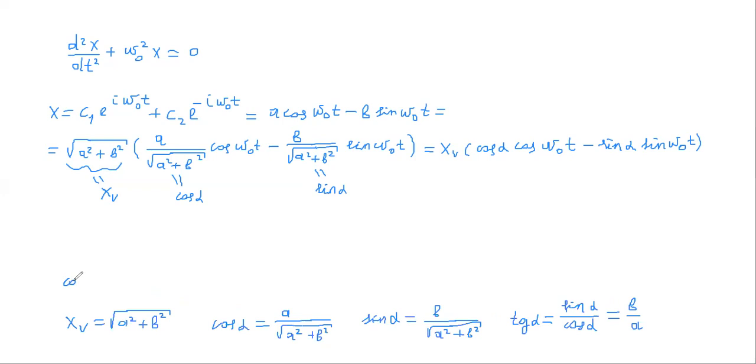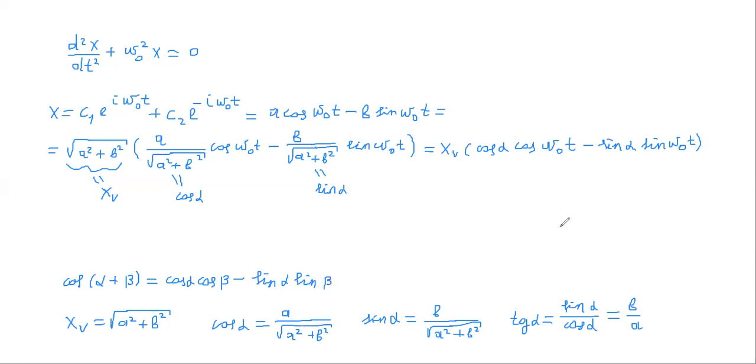Let's remember that cosine of alpha plus beta, this formula is well known from math, is equal to cosine alpha cosine beta minus sinus alpha sinus beta.